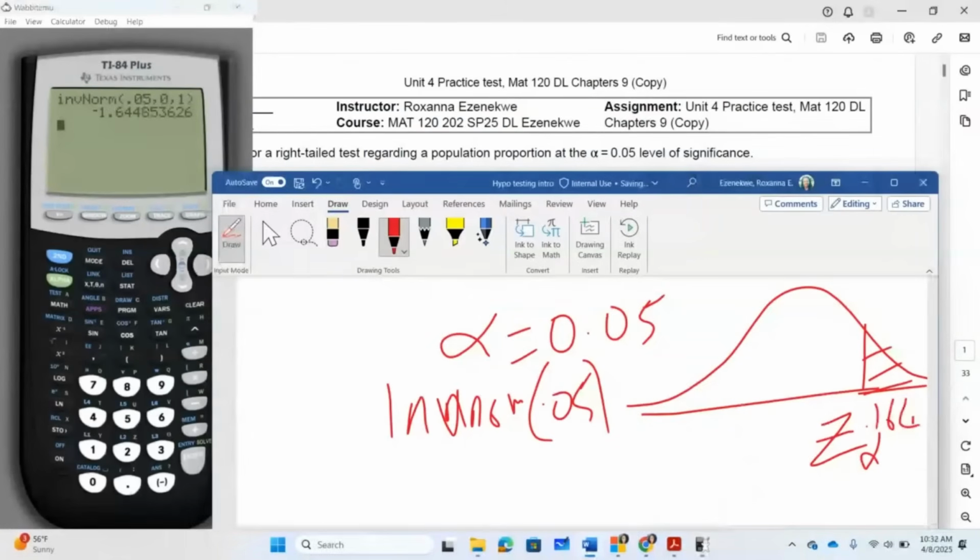What does that mean? It means that the rejection region is at the right, and the boundary line is 1.64. The rejection region is at the right.